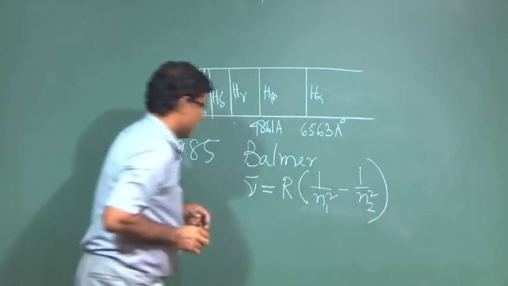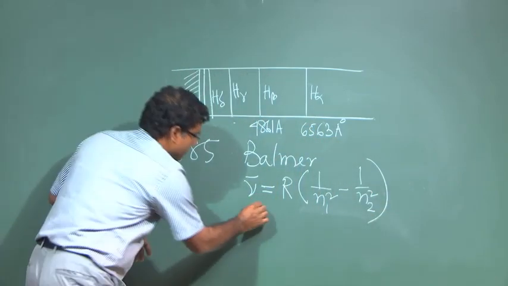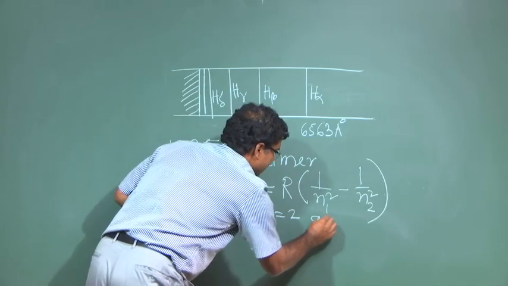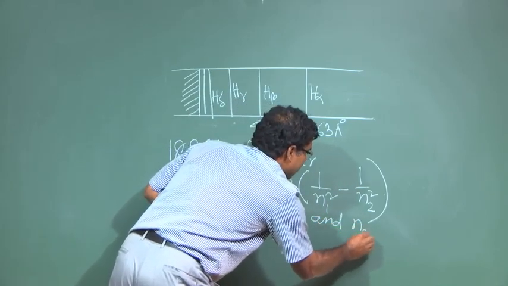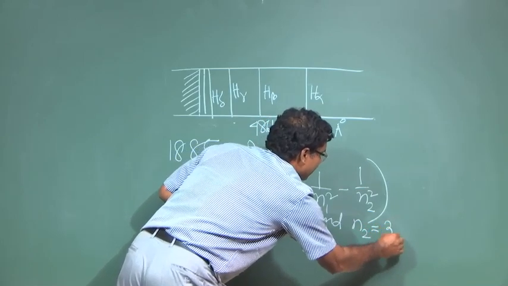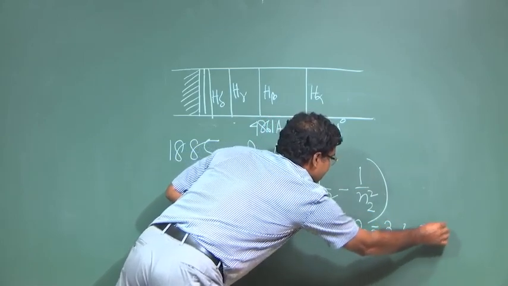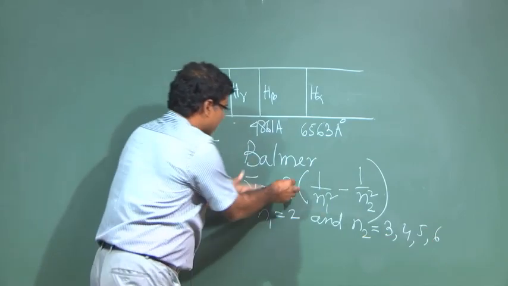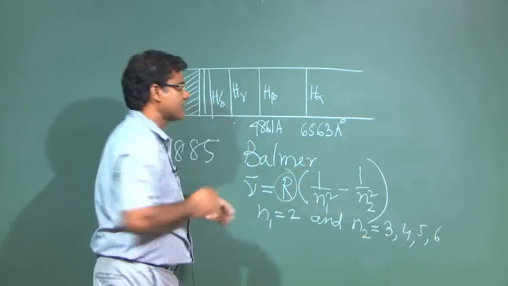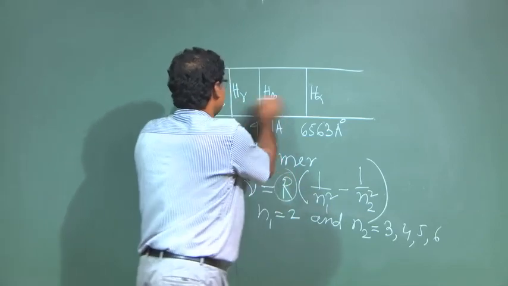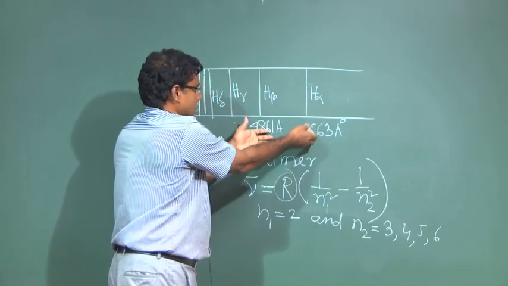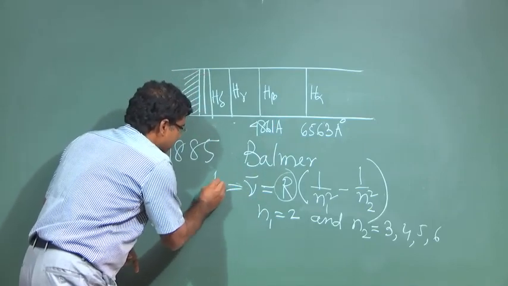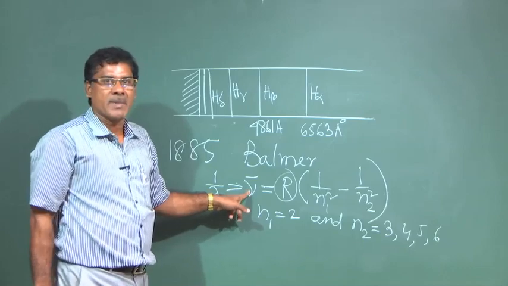If you take n1 equal to 2 and n2 equal to 3, 4, 5, 6 etc., then for a particular value of R you can fit the wavelength. Here nu bar is 1 by lambda, called the wave number.